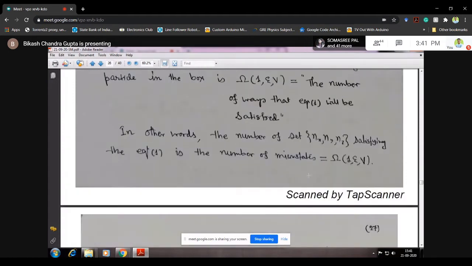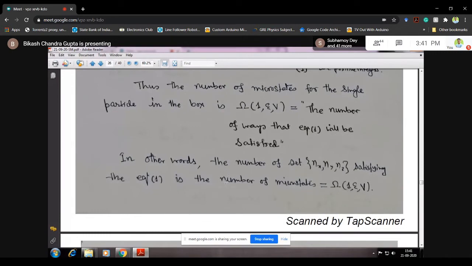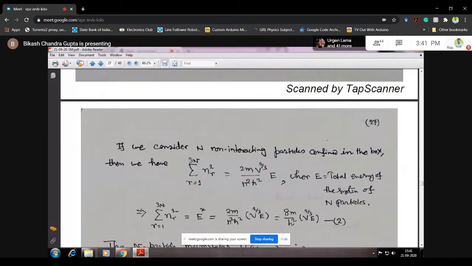So basically, as the wave function you said, it will be different for different sets of nx, ny, nz, and it will give you a different state, and each state will correspond to a microstate, and therefore the number of these sets nx, ny, nz satisfying equation 1 will give you the number of microstates.